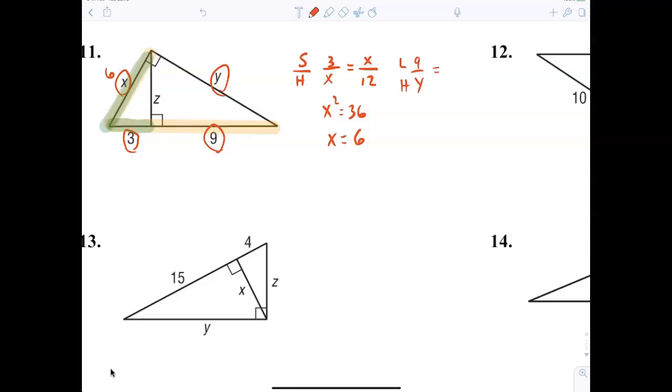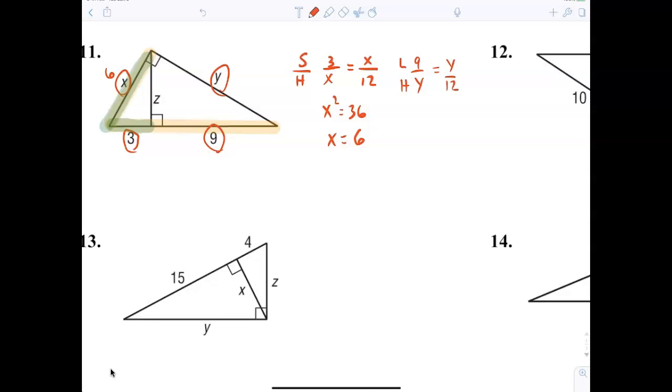That was the middle triangle, so let's do the large triangle. What's the long leg? y. What's the hypotenuse? Do we agree it's 12? See how you can make a mistake if you're not careful? So y over 12.